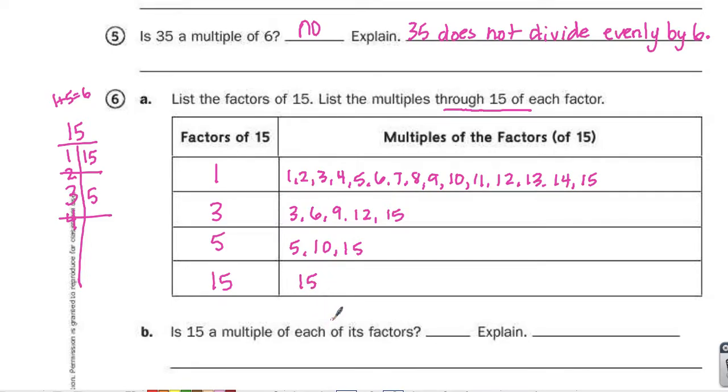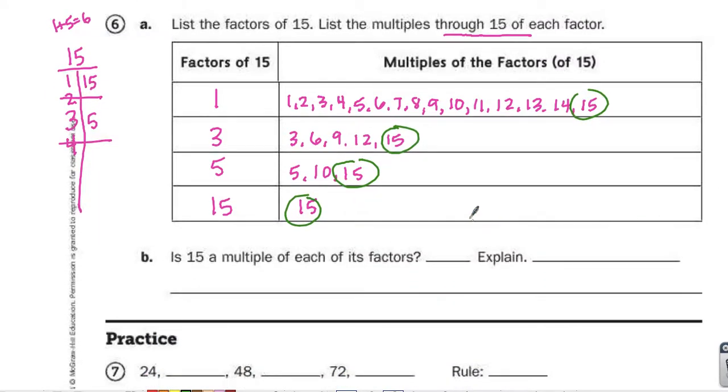Is 15 a multiple of each of its factors? Let's see. 15 is a multiple of 15. 15 is a multiple of 5, of 3, and of 1. So the answer for this question would be yes.